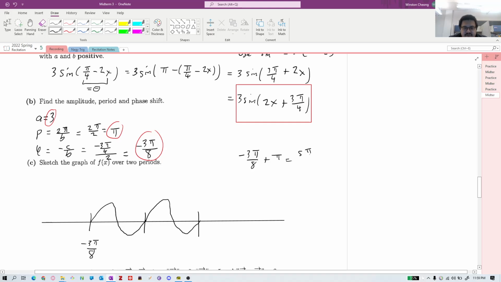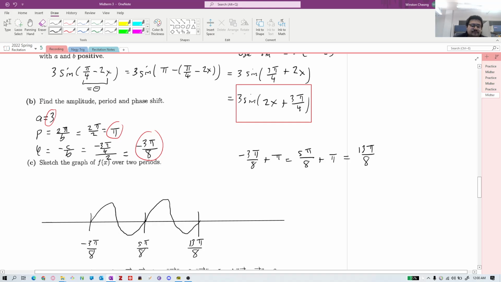That gives me 5 pi over 8. Now we add on another period to get the value for this last tick mark. So 8 plus 5 is 13 pi over 8. So the values are 5 pi over 8 and 13 pi over 8.